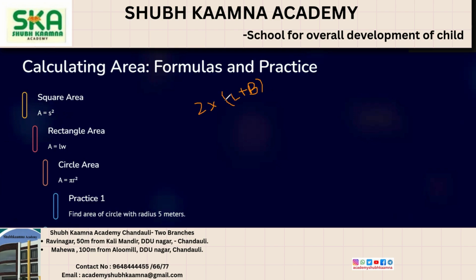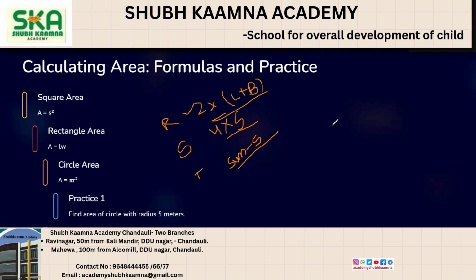So for square, perimeter would be 4 into side. For triangle, it would be the sum of all the sides. So these are the three formulas for calculating perimeter: this is for rectangle, this is for square, and this is for triangle.